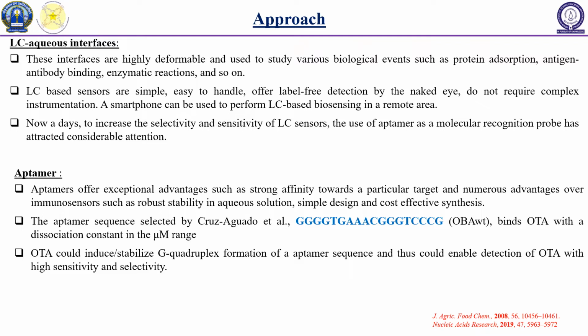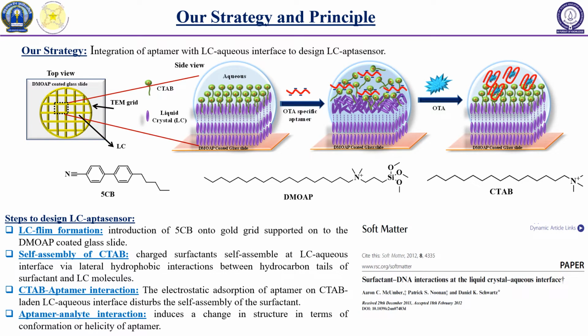Therefore, we use the aptamer sequence selected by Cruz-Aguado et al., which is the OBA wild type aptamer, and it binds with OTA with a dissociation constant in the micromolar range. OTA could induce or stabilize G-quadruplex formation of the aptamer sequence and thus it could enable detection of OTA with high sensitivity and selectivity.